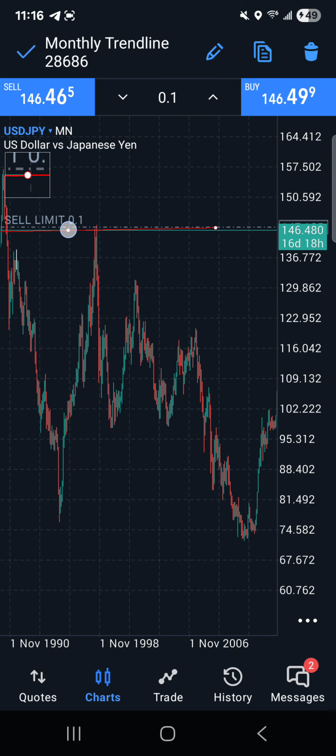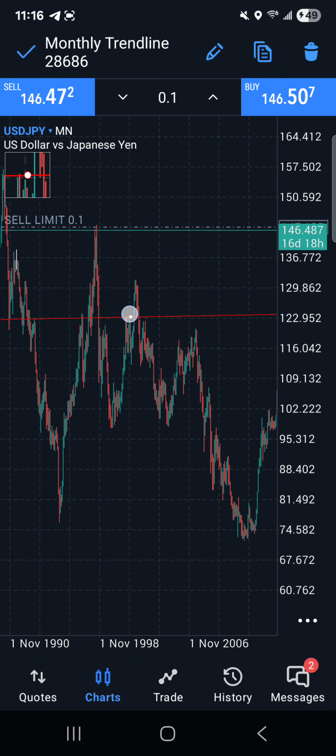So this is the main structural high in this whole bearish movement. After breaking this structure, price went ahead to target that area and took it out.